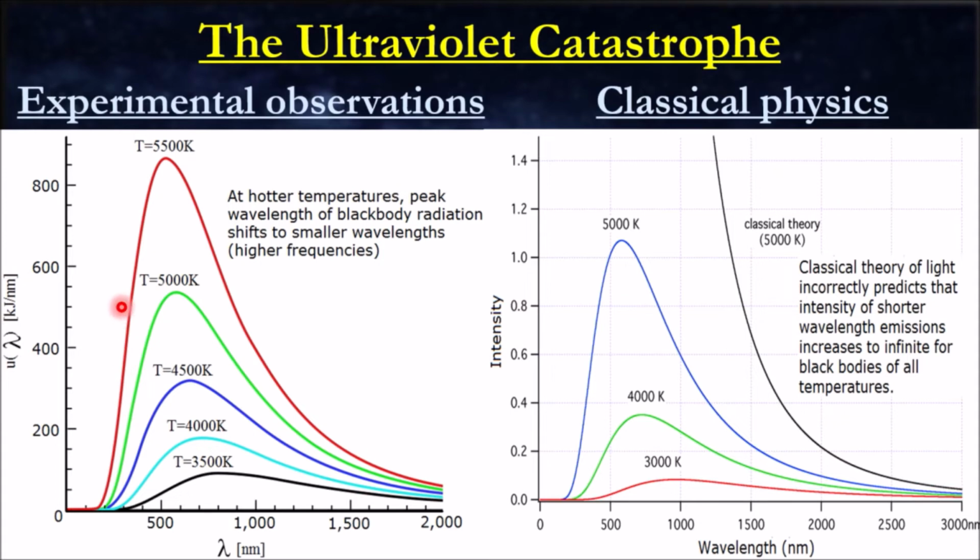This didn't match up with classical physics, as in classical physics, as we increased the temperature, it was predicted that the intensity of the shorter wavelengths would increase to infinity.